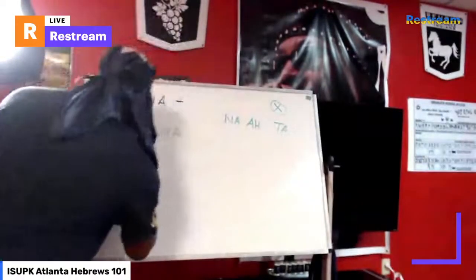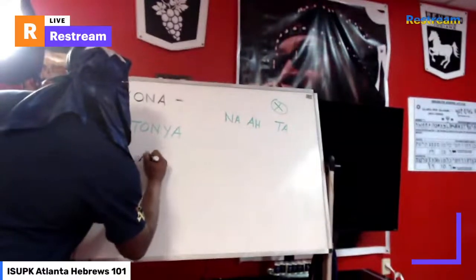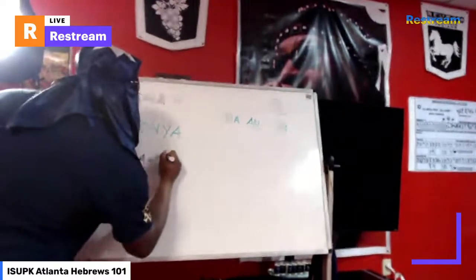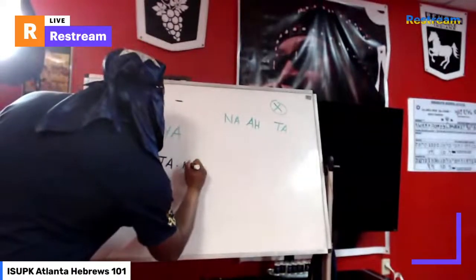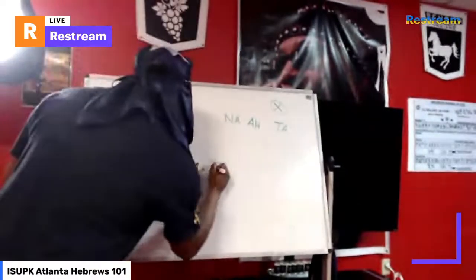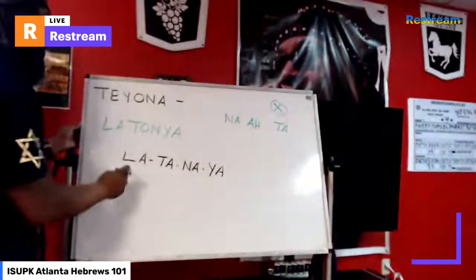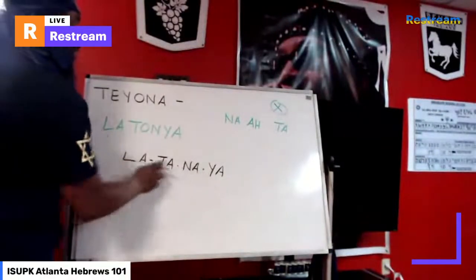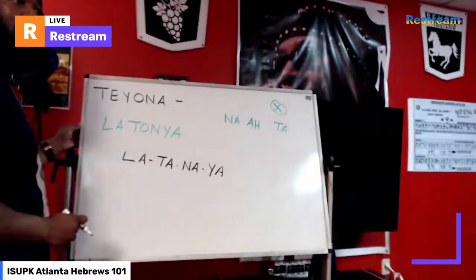Now let's write this out with the characters. Just doing the pronunciations. La, ta, na, and ya. La, Tanya. You put the bridges.